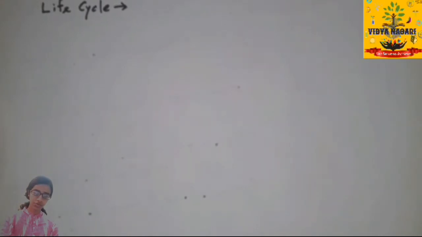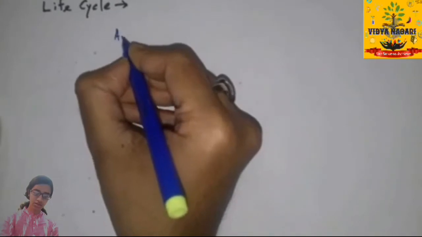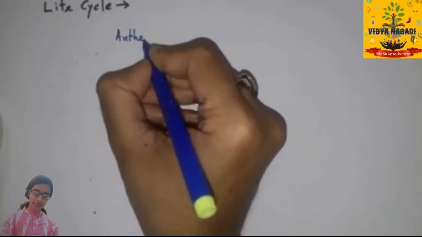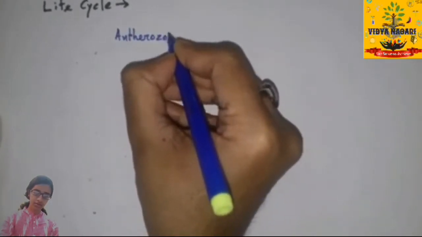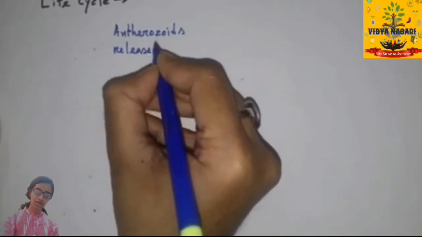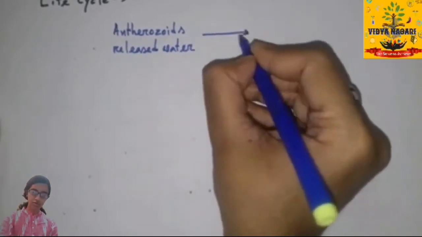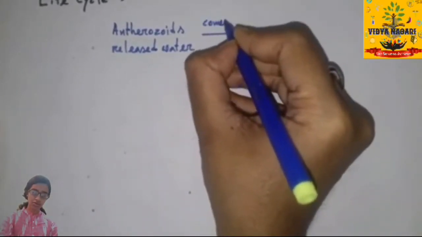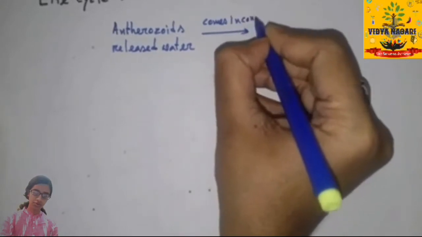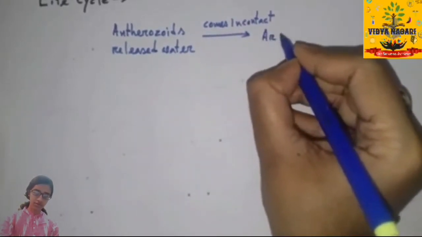Now their life cycle. These antherozoids are released into water and come in contact with the archegonium.